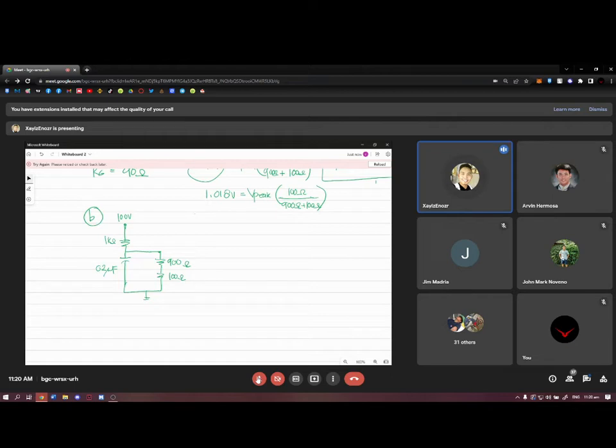So, paano natin malalaman ngayon? So, since meron tayong RC circuit, paano natin malalaman yung equivalent resistance ng RC circuit?